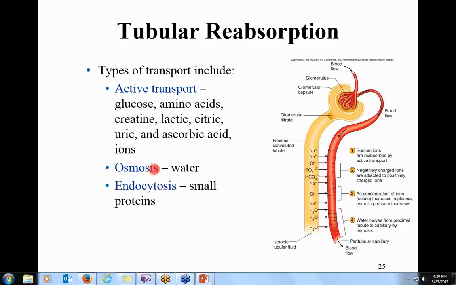Water is reabsorbed via osmosis. Remember, this is passive. Osmosis is just going from higher to lower concentration. And small proteins that have a little bit of molecular weight are reabsorbed via endocytosis.